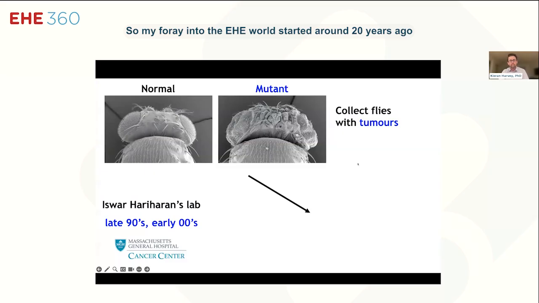So my foray into the EHE world started around 20 years ago when I was a postdoc at Mass General Hospital in the early 2000s. At the time, we were looking to identify new cancer genes, and we did that by using a large-scale screen in the fruit fly Drosophila.